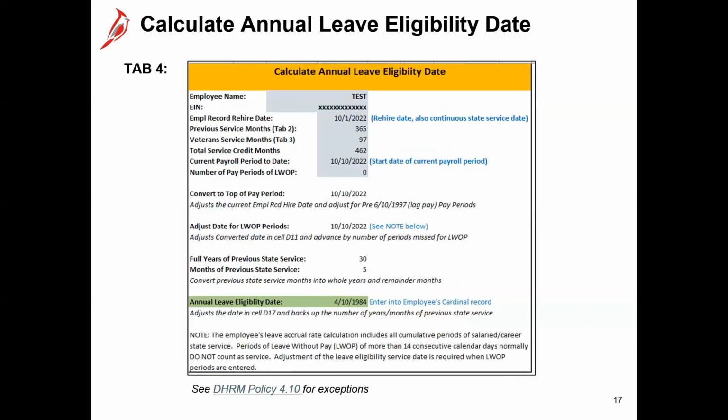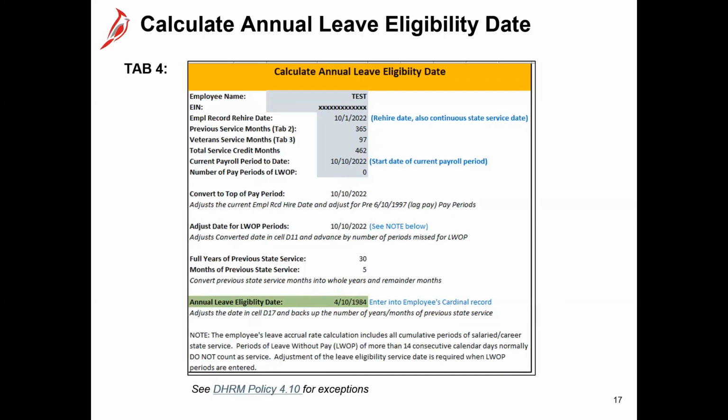And then the last tab that we're going to discuss is the annual leave eligibility tab, or tab 4. This particular tab, or part of the spreadsheet, has 2 separate fields, one for previous state service months and the other field for veteran service credit months.